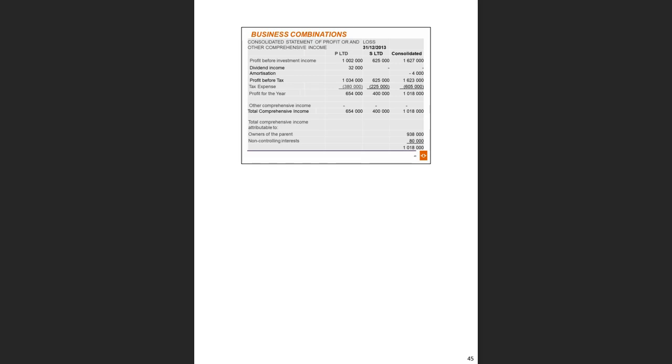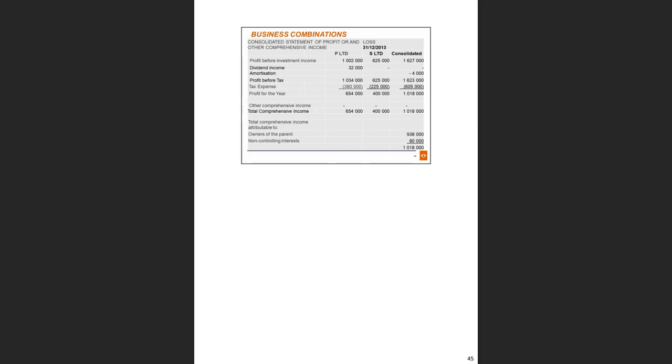Okay, so if you go to your analysis of owner's equity account, you will see that 80,000 Rand is the profit for the year on the NCI column. Okay, then you can take the total amount being 1,018,000 less the NCI of 80,000, and that will give you 938,000 Rand.